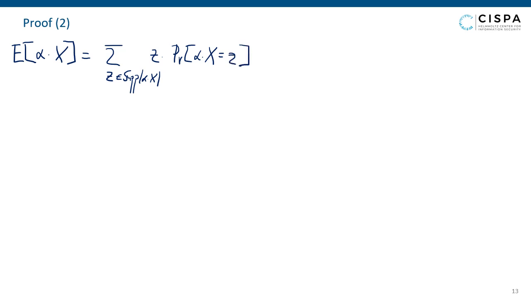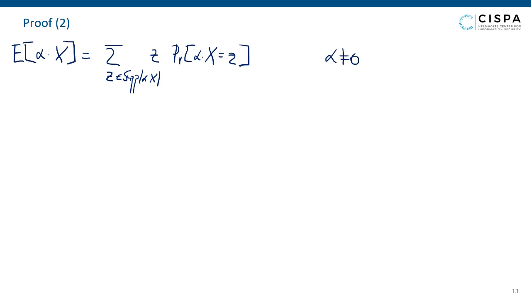And now again, we perform a variable substitution. Let's just assume alpha is non-zero. If alpha is 0, then the statement is trivial, because then alpha times X is 0, and the expectation of the constant 0 random variable is just again 0.